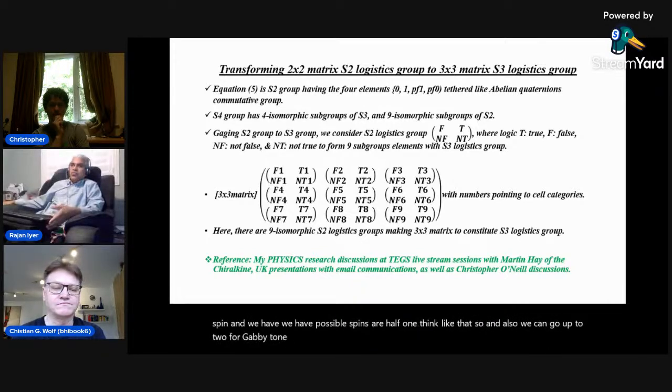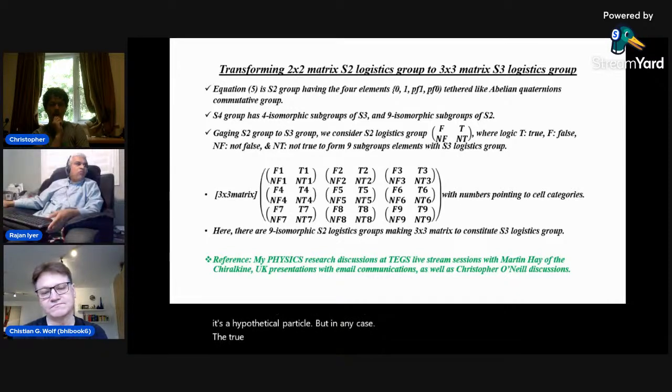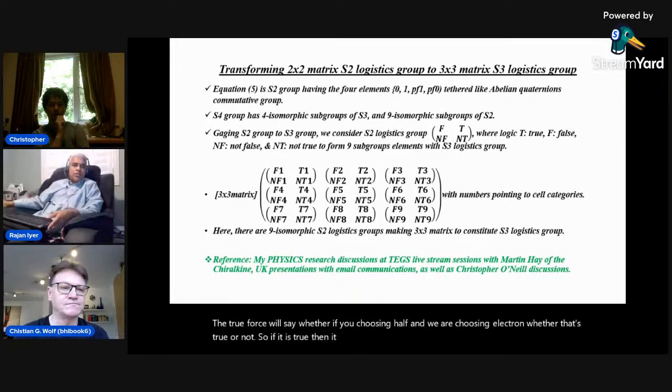We can have a spin of 2, but of course the graviton is not proved yet; it's a hypothetical particle. In any case, the truth value will say whether, if we are choosing half and we are choosing electron, that's true or not. If it is true, then it will collapse and put the value of the spin there. And then F2 could be for a charge, things like that.